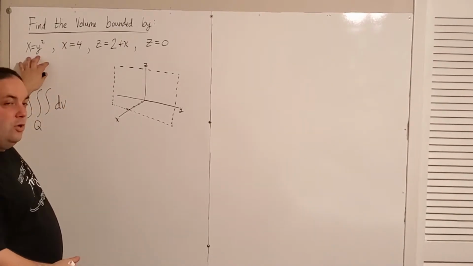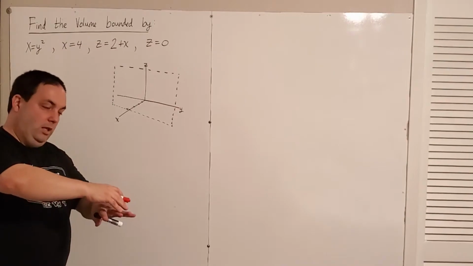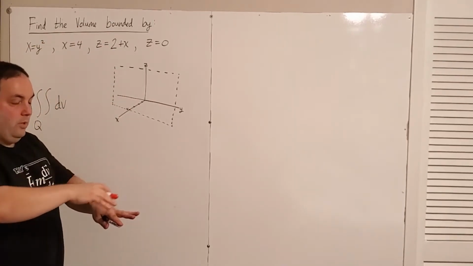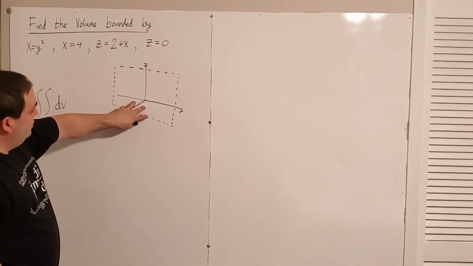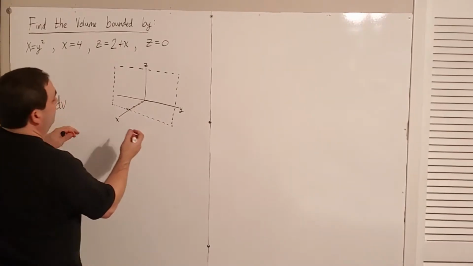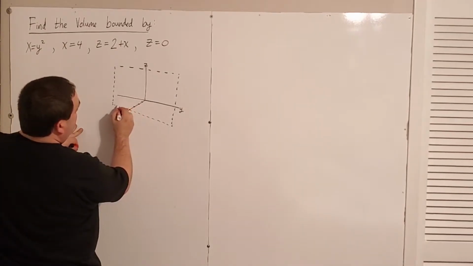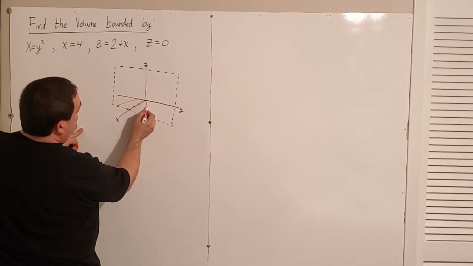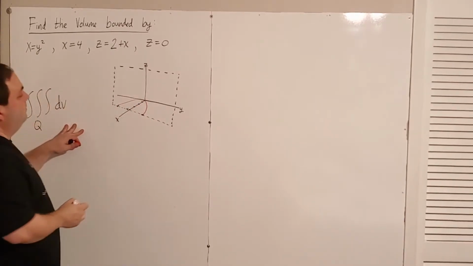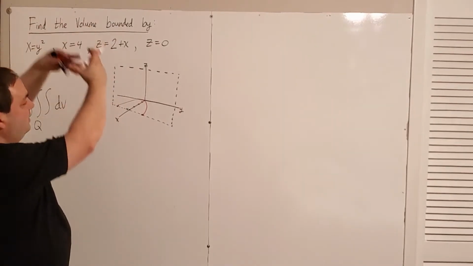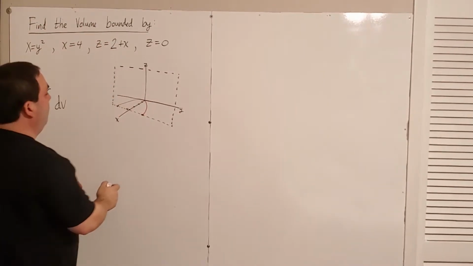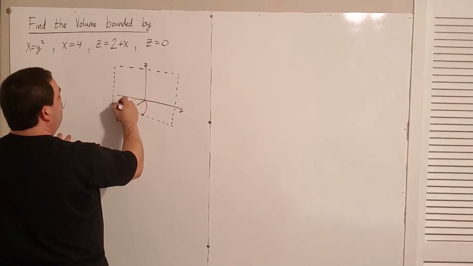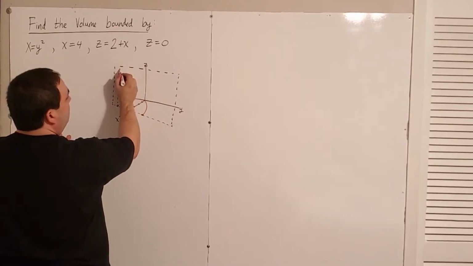And then since there's no z variable, it's actually a parabolic cylinder, right? So I draw the parabola, that's the relationship between x and y, which is going to look something like this. And then we're talking about the cylinder that comes up from that. So the cylinder here.